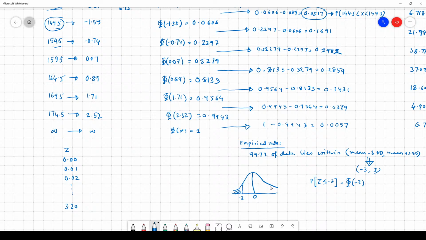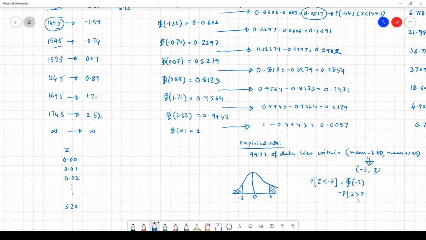Because of symmetry, these two shaded portions are the same, so this is the same as the probability of Z greater than small z.